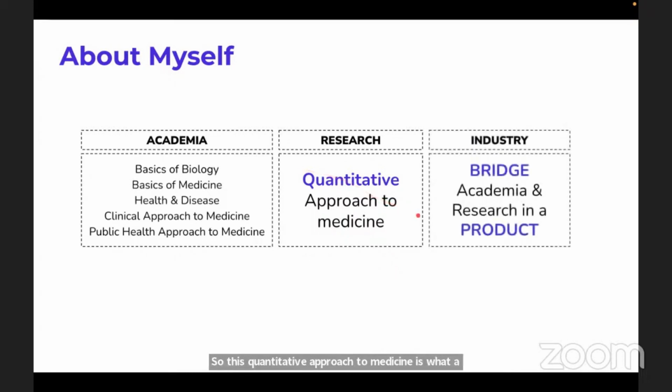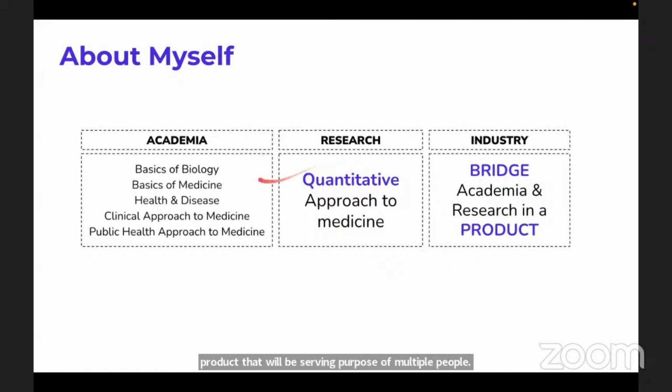Now that was also something incomplete until I came to industry, where I could bridge the gap between academia and research and make it into a product that will be serving the purpose of multiple people.